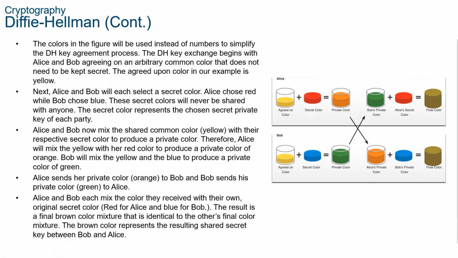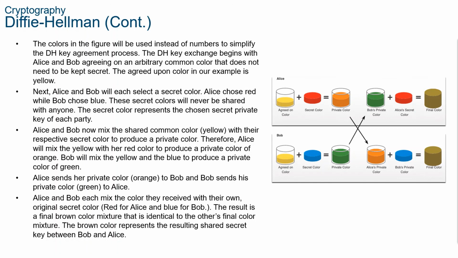What will happen next is that Alice and Bob now mix the shared common color, yellow, with the respective secret color to produce a private color. Therefore, Alice will mix the yellow with her red color to produce a private color of orange.